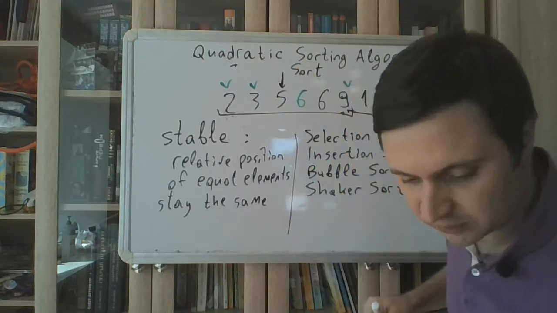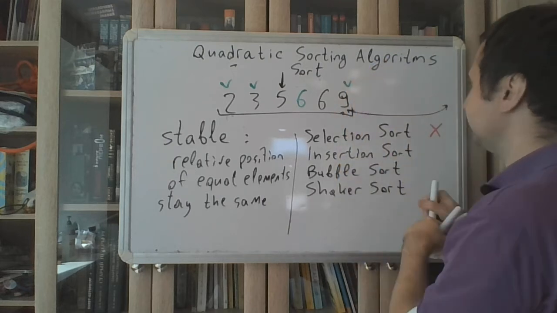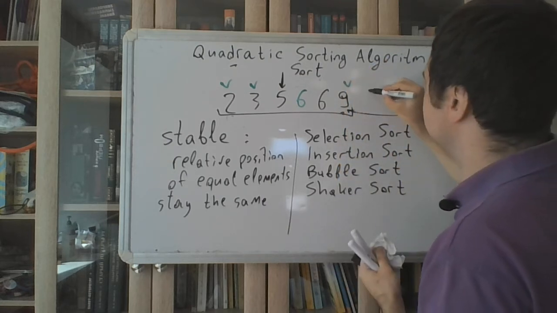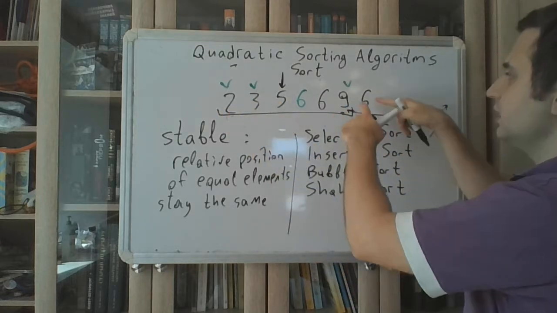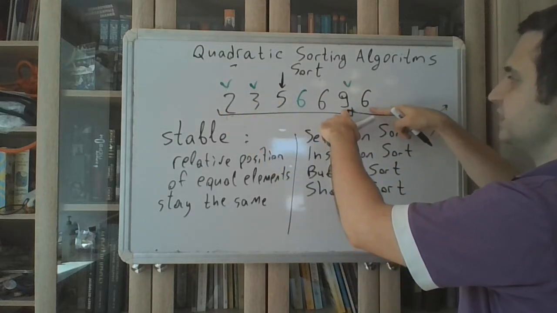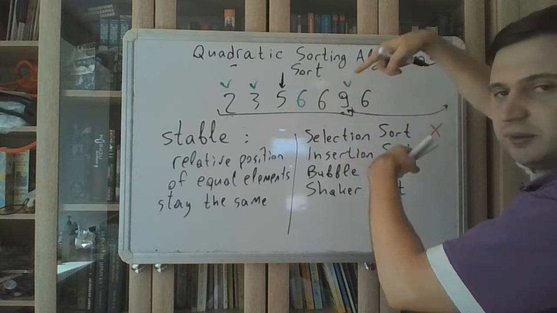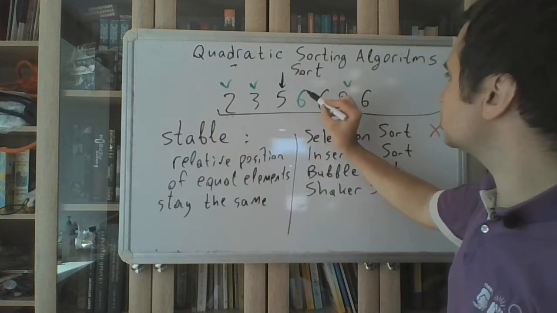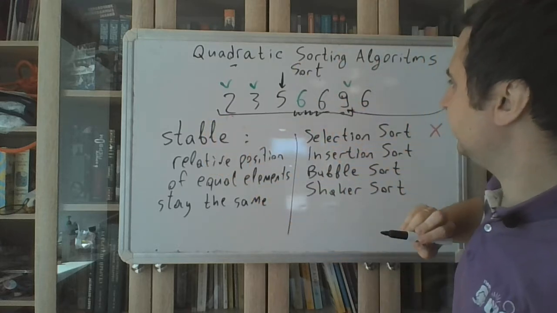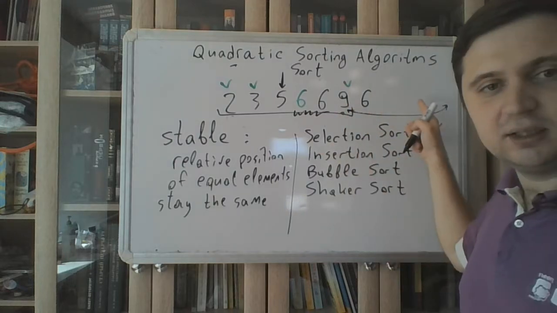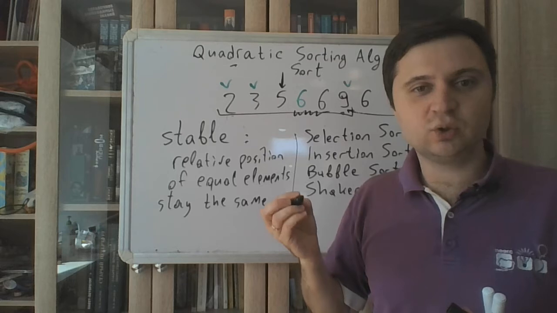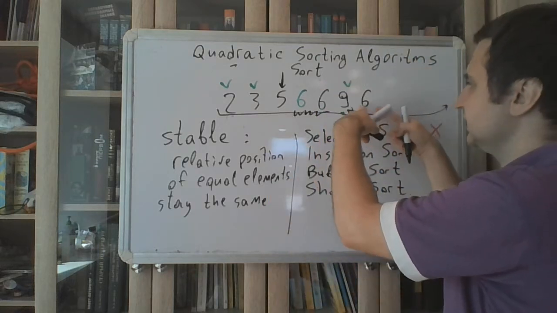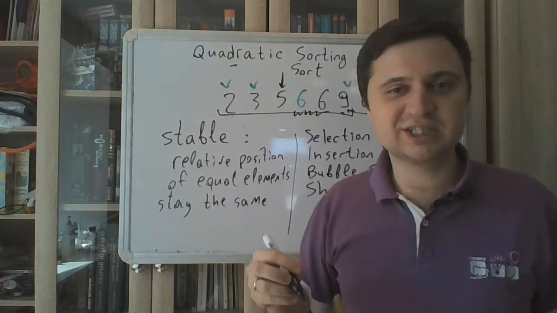No, I'm sorry, I will change my example one more time. So let's swap 6 into the already sorted area. When you compare with the larger guys, you just swap them, and it's very normal. But as soon as you come to the area with equal elements, of course, we don't swap the 6 with its brother or sister 6.